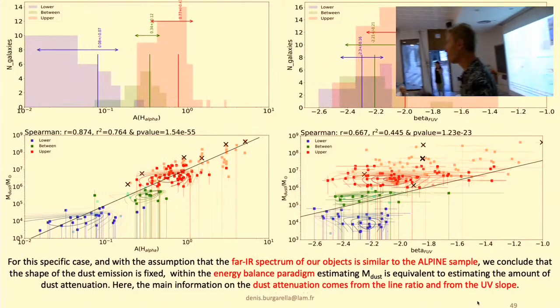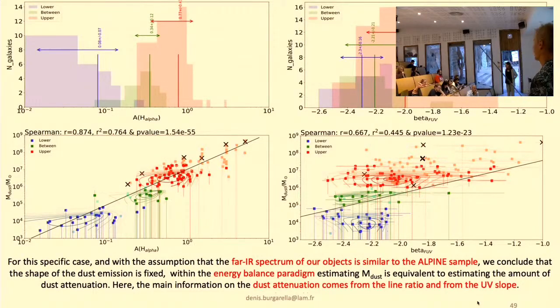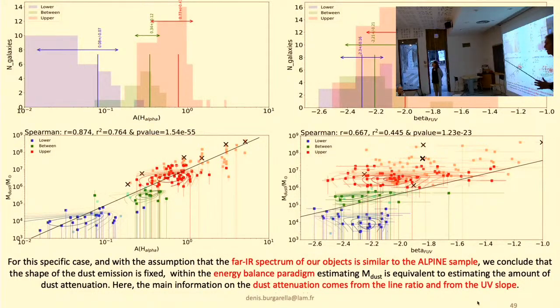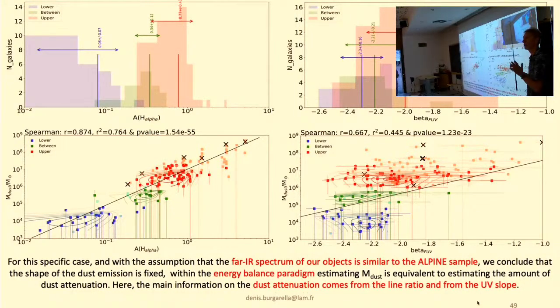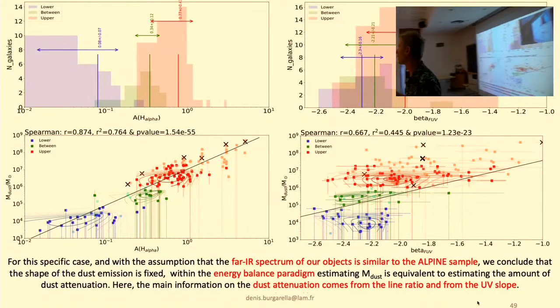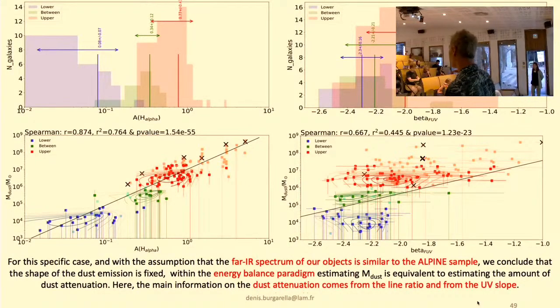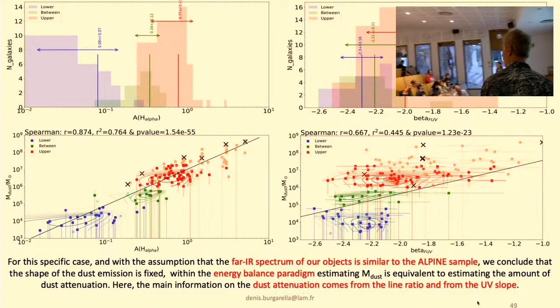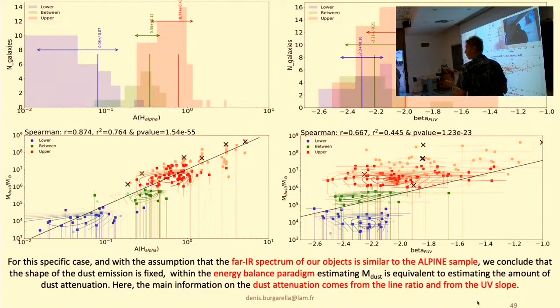And for this sample, we have quite a nice sampling of the infrared SED. So I assume this is the same. And using this, I don't have to worry about the shape of the SED in infrared, which is model dependent, of course, but only on how much energy there is in infrared, which is what you get from the energy balance. So I need to know how much energy is absorbed in UV.